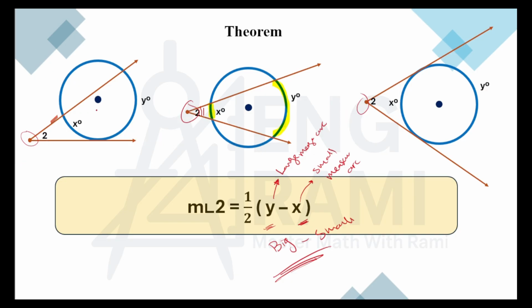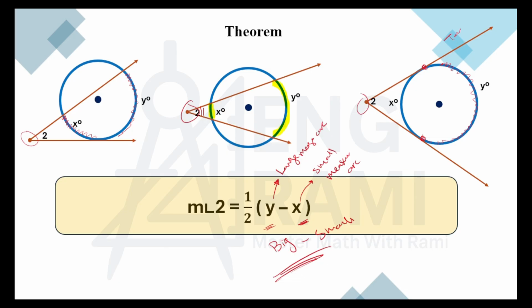This is a measure of this arc, and this is also the measure of this arc. You see, y, which is the big measure, minus the small one. And here also, this is y, you see, it's very big. For example, this point and this point.